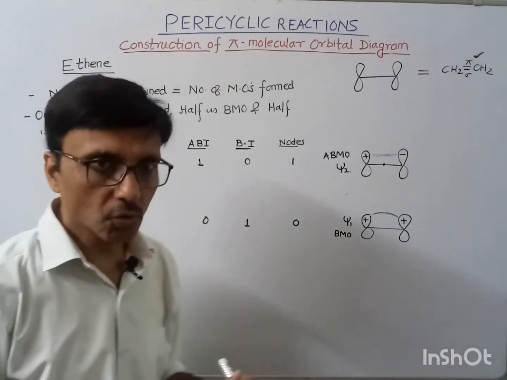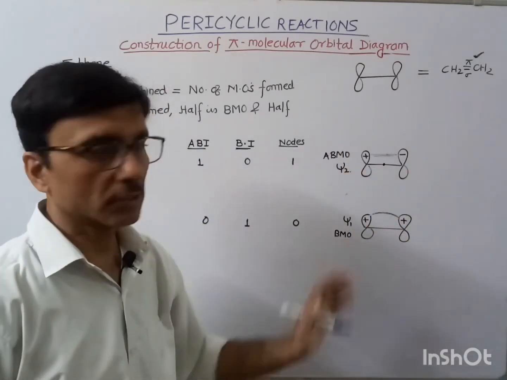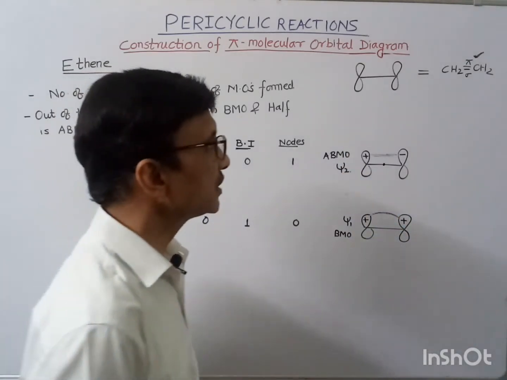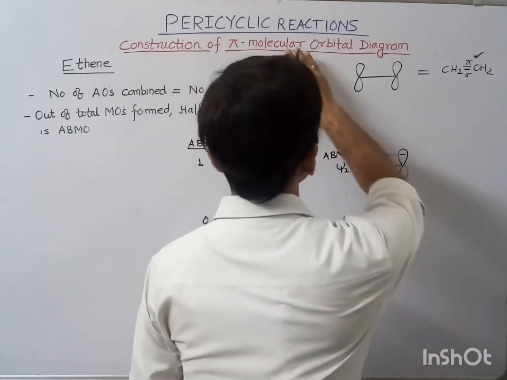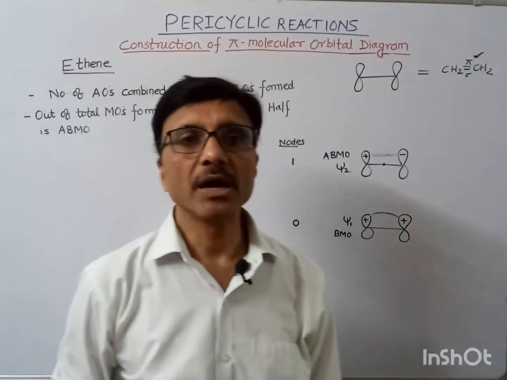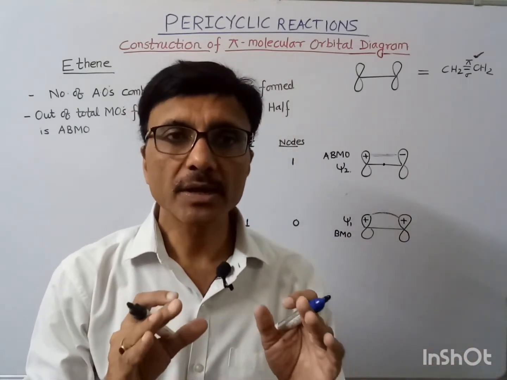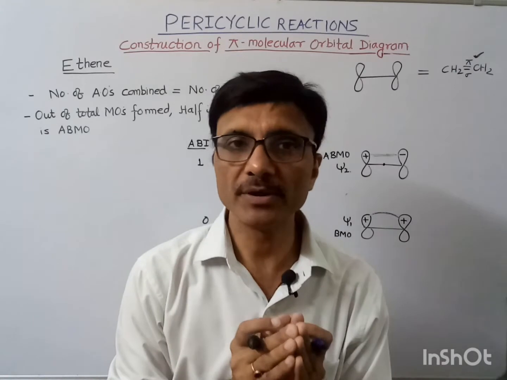Now I will also tell you the symmetries in these pi molecular orbitals. In pericyclic reactions, mainly in electrocyclic reactions, we are only concerned with two types of symmetry elements.